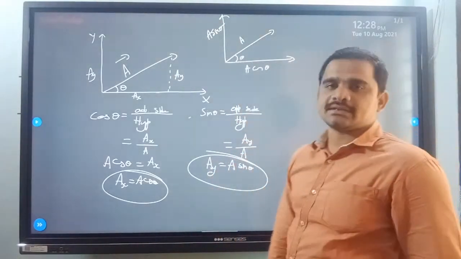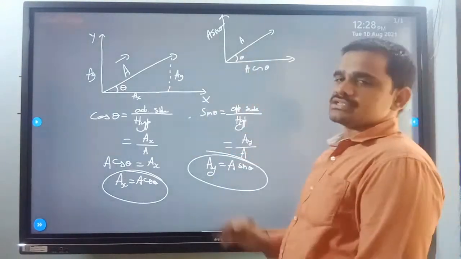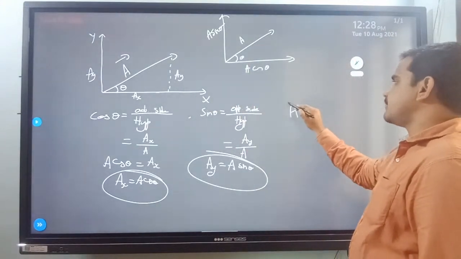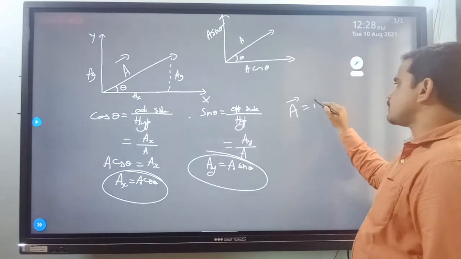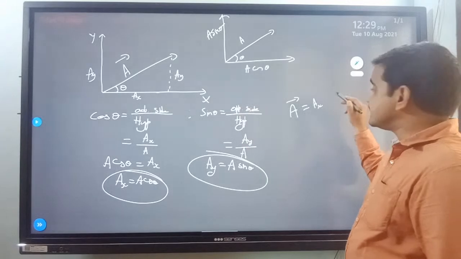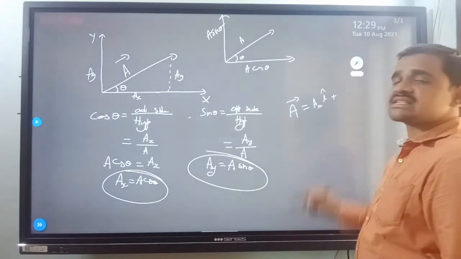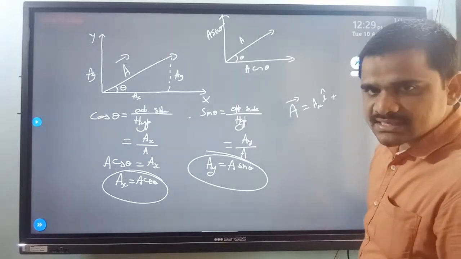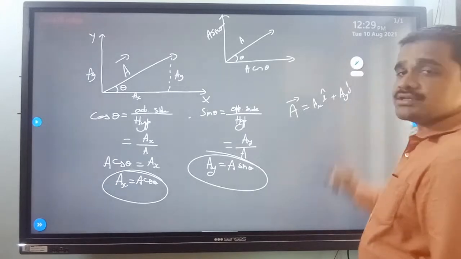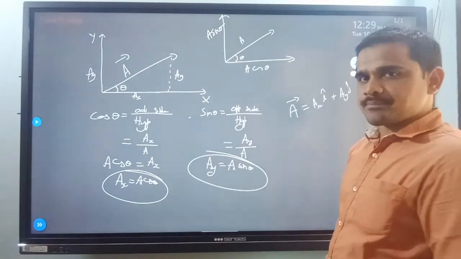So this is resolving the vectors. In this way I can resolve, and finally I can write A as a vector. A bar is equal to Ax i cap, where i cap represents the x-axis direction, plus Ay j cap, where j cap is along the y-axis.